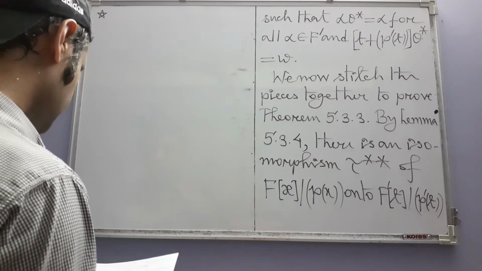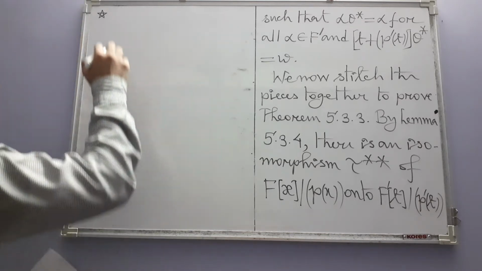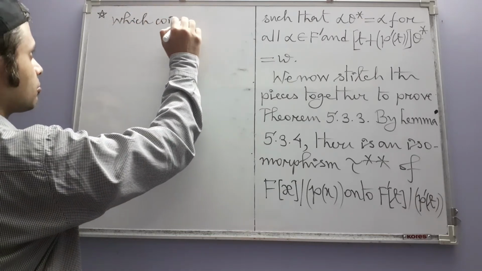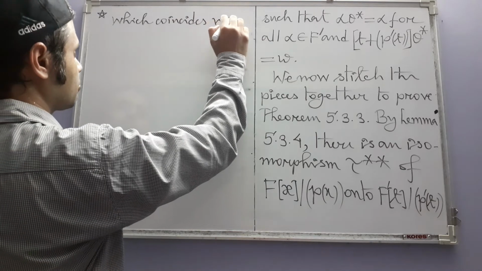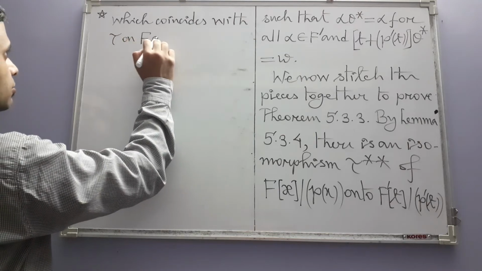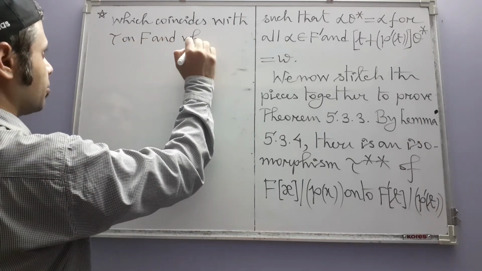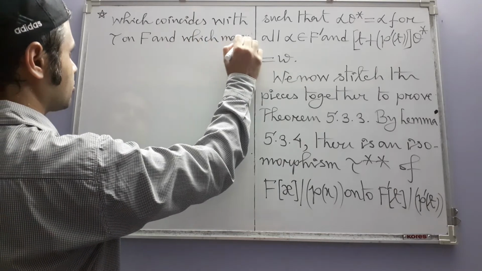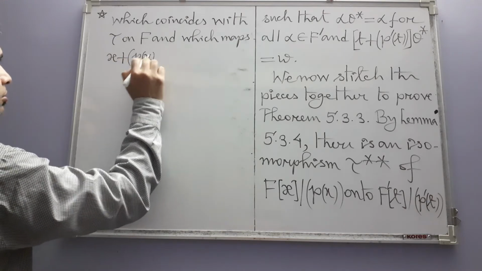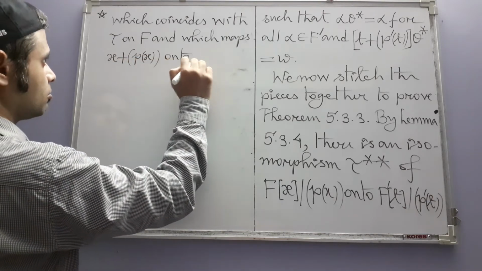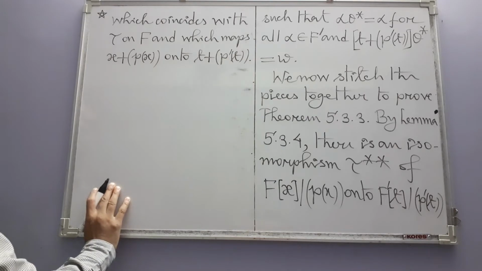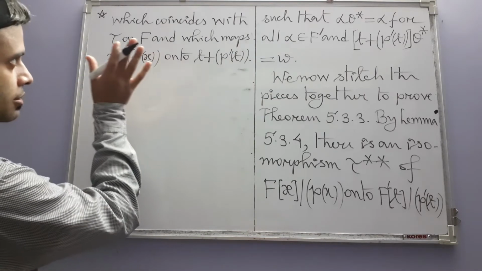No, he has written it in words, which coincides with tau on F and which maps x plus the ideal onto t plus the ideal. If you write this in symbols, it will look like this.